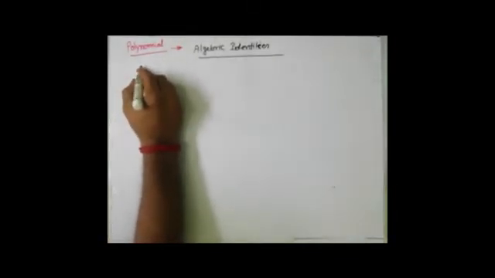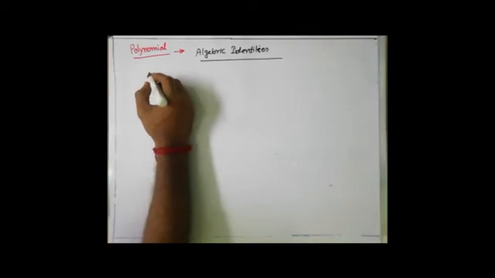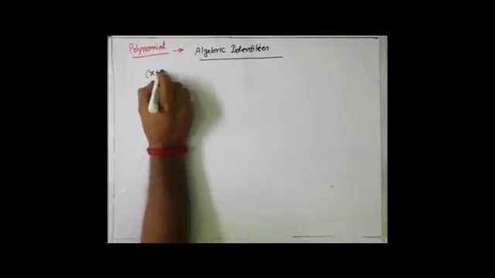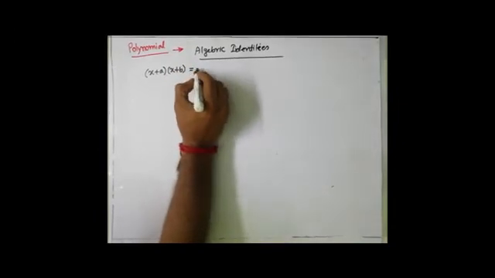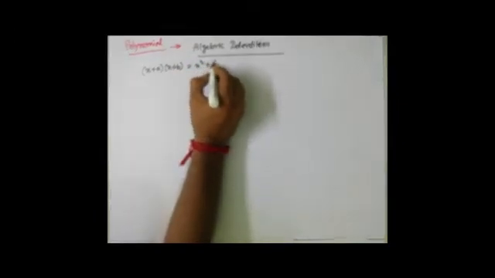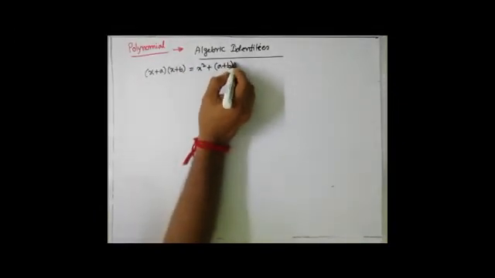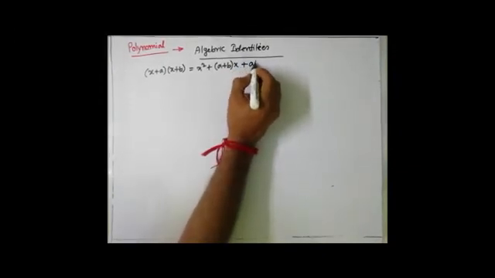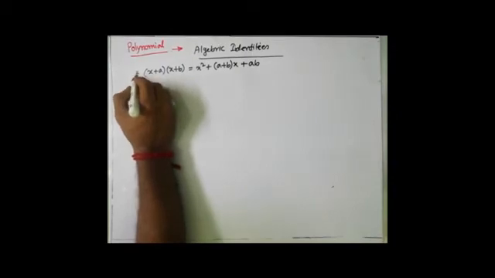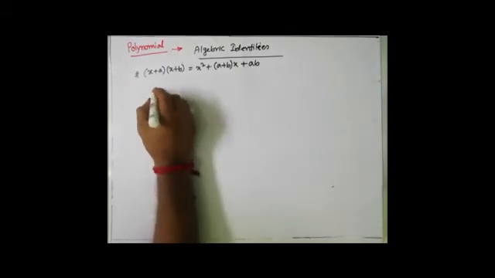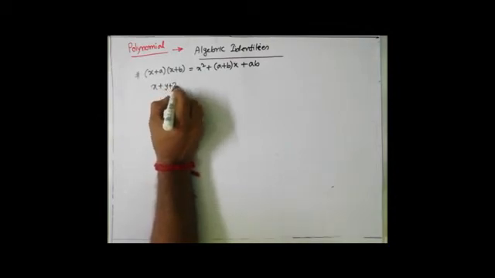Different algebraic identities we know already, like suppose this one: x plus a, x plus b, it can be written like x square plus (a plus b) into x plus ab. These formulae basically are very frequently used to solve different polynomial factorization processes.